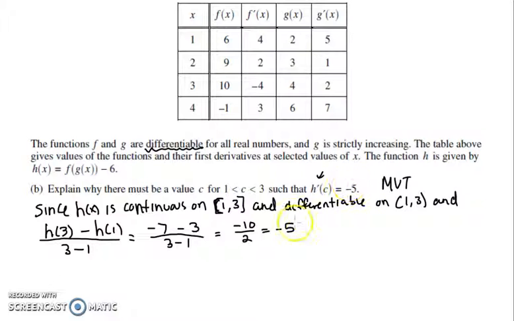These numbers here should match, right? Because that's the only thing MVT can guarantee, the average rate of change. So we're getting negative 5 here, so that's good.